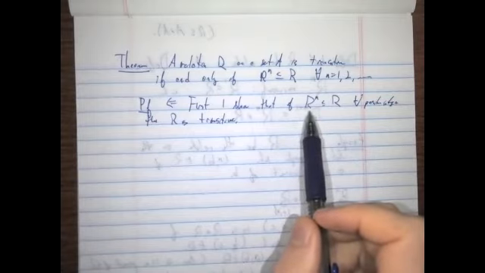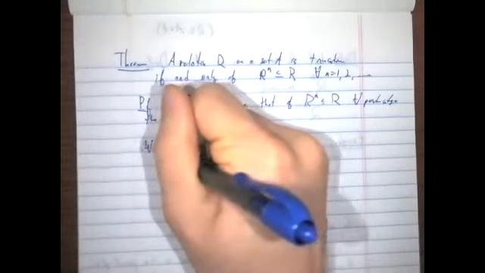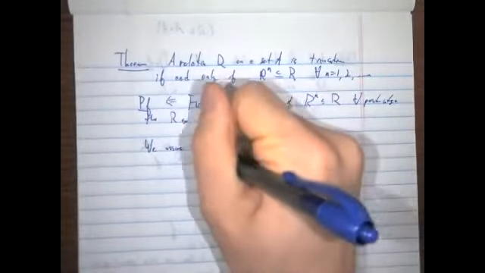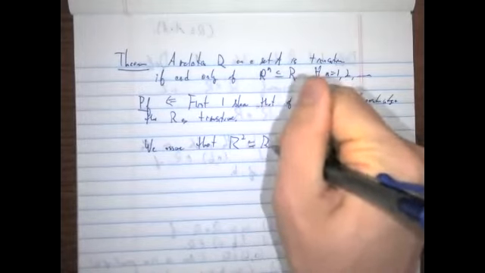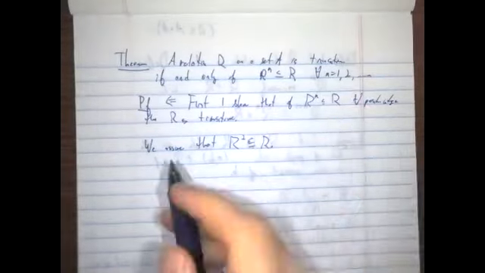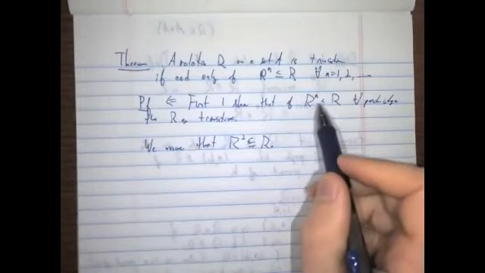I actually only need to use that R squared is a subset of R. So we assume that R squared is a subset of R. This is a weaker statement than R to the N is a subset of R for all N, right? This is just one of these positive integers.